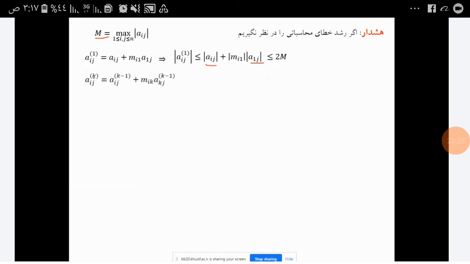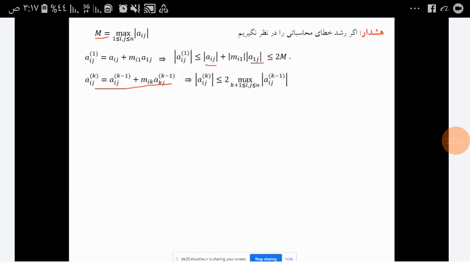If we go to step K, we have this again, and Aij in step K is less than or equal to 2 times the maximum absolute value of Aij in step K minus 1.